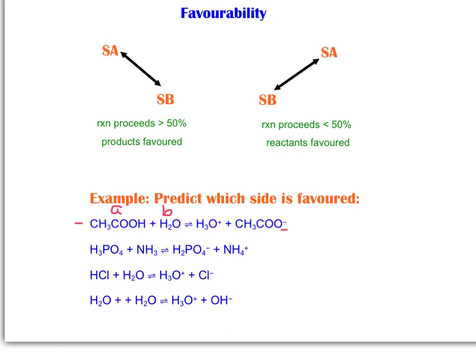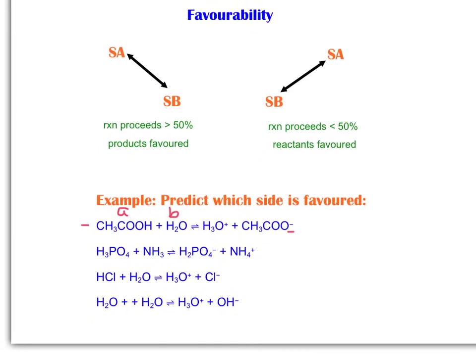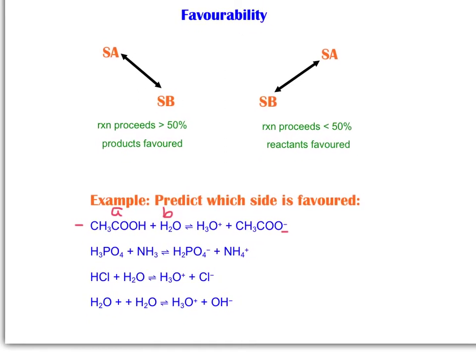So we have to look for water in the right-hand column of compounds because it's a base, and acetic acid in the left. Acetic acid is lower than the base, so we find that this reaction is unfavorable. So reactants are favored. Sorry guys, this should be an acid and this should be a base.